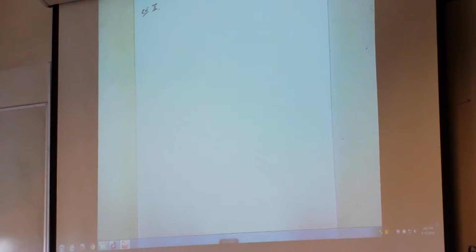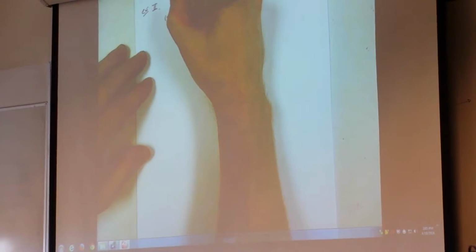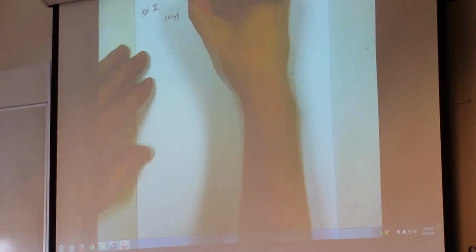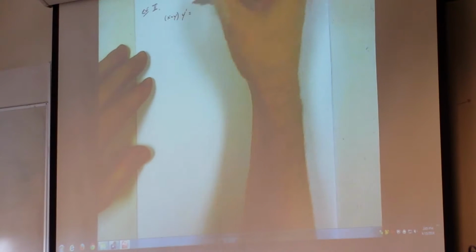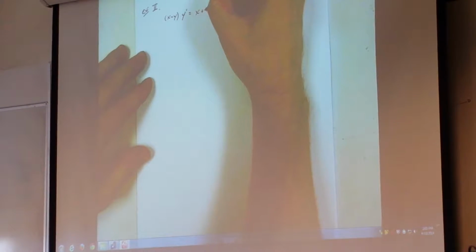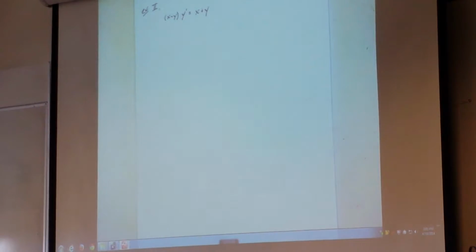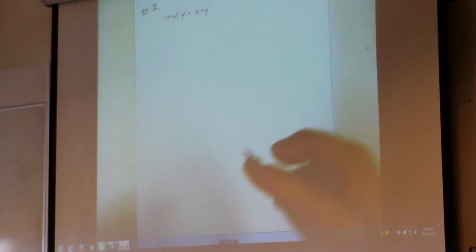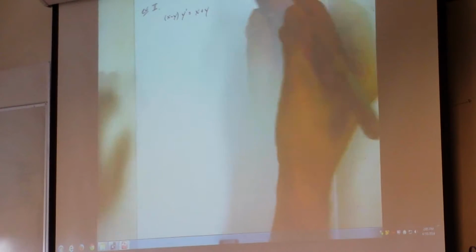All right, so say we got the equation x minus y, y prime equals x plus y. In that form, you can't immediately tell that it's separable. It doesn't look like it is.